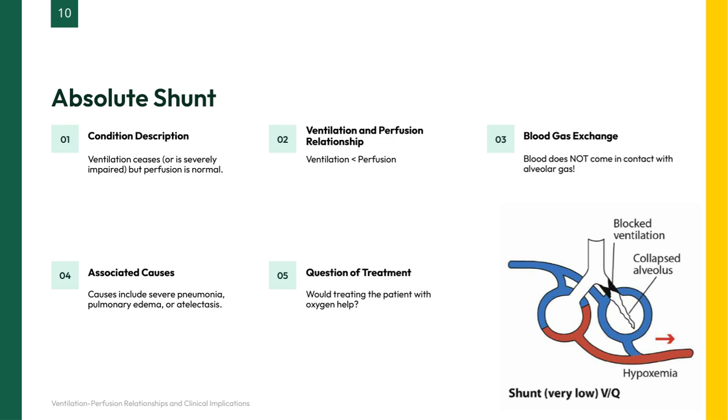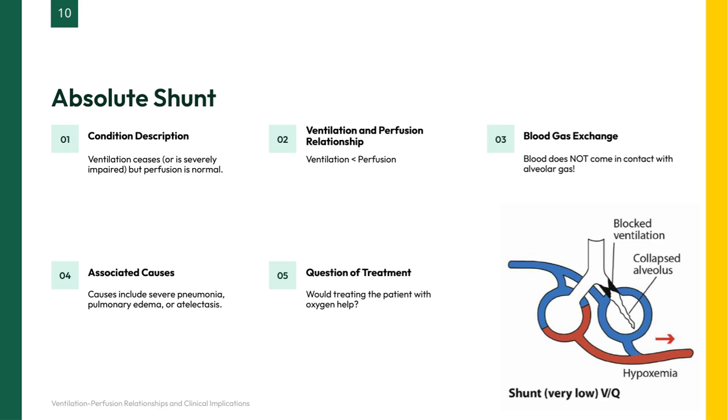Essentially, the lungs are receiving blood, but not enough air is reaching the alveoli to oxygenate that blood. The critical point here is that the blood doesn't come into contact with alveolar gas. Without this contact, gas exchange can't happen, so the blood remains poorly oxygenated as it passes through.